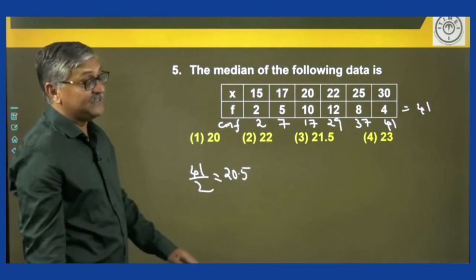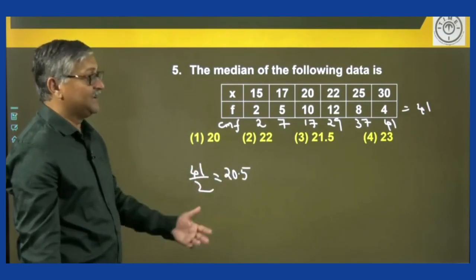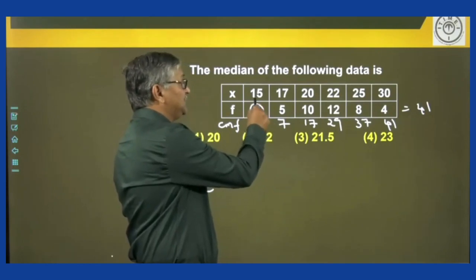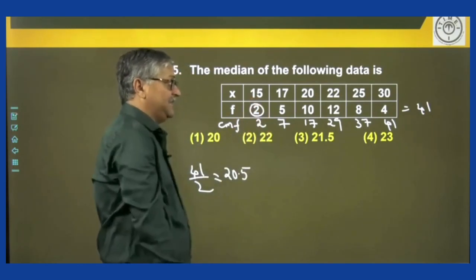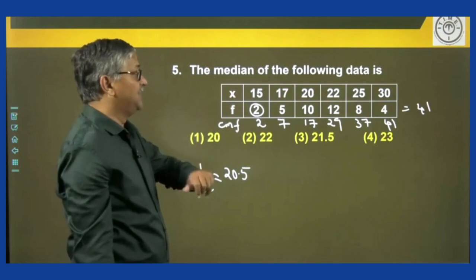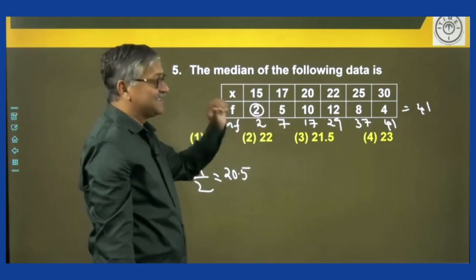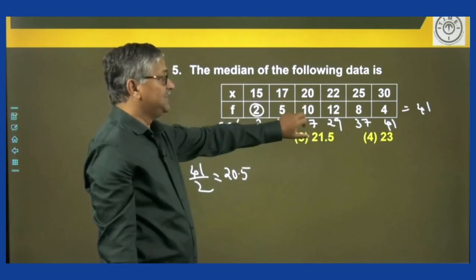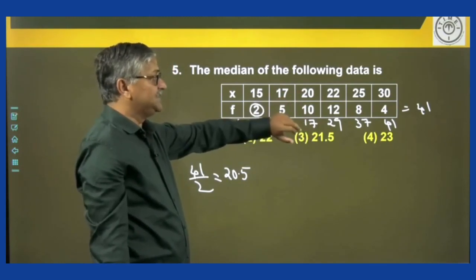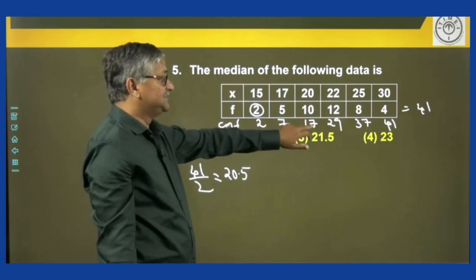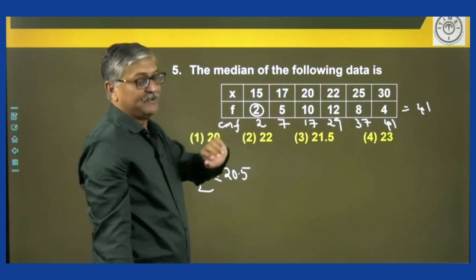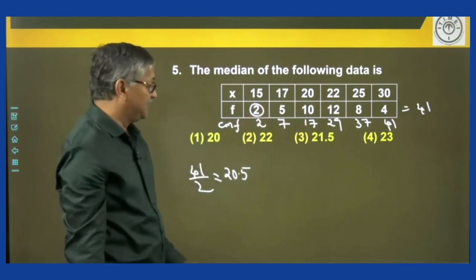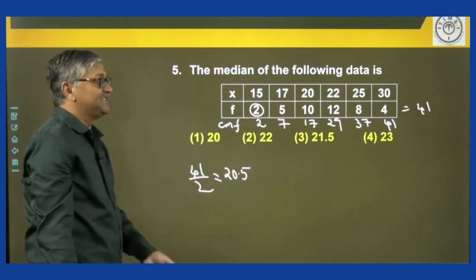So which observation occurs in the 21st position? Just observe. Here frequency 2 means 15 is repeated 2 times only. Here 5 means till 7, it is 17, and 17 means here the 20, till 20 we have 17 observations, but we have to calculate the 21st observation.